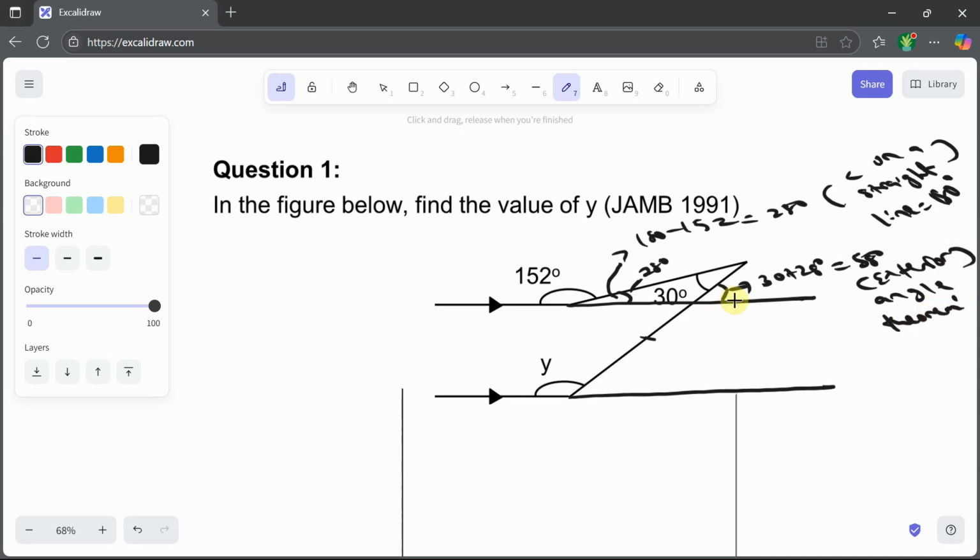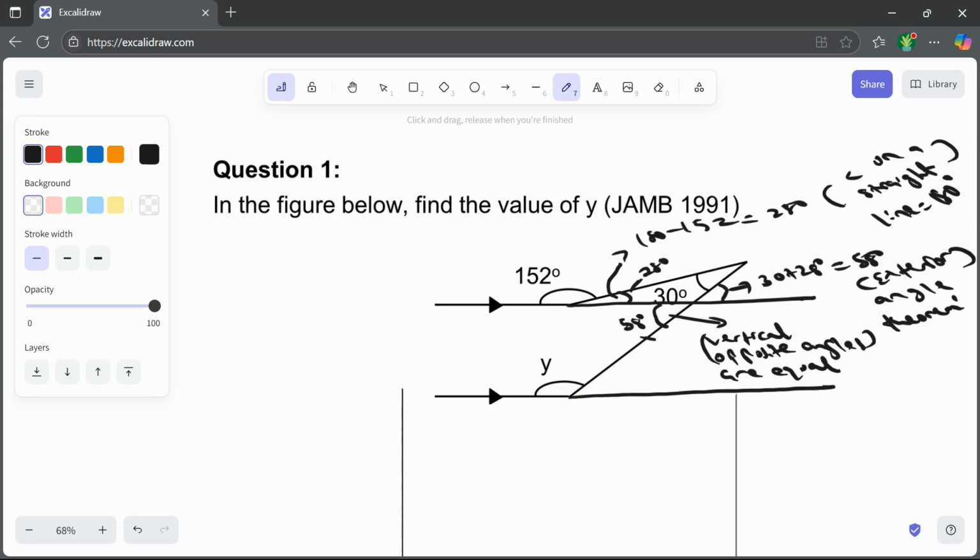Now I know this angle. Can you see this place here? This transversal cuts the parallel line, because that's forming an X, right? So this angle is 58 degrees. This one here is also 58 degrees. Why? Because vertically opposite angles are equal. Now we have this. We can find y, because this is 58, and this is y.